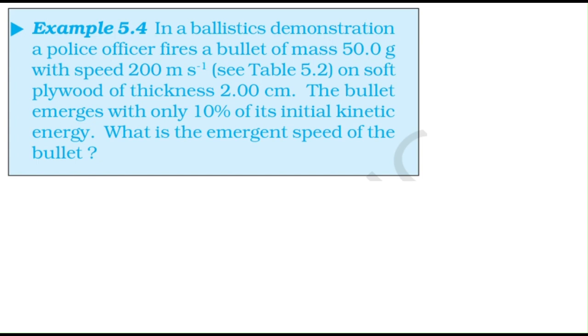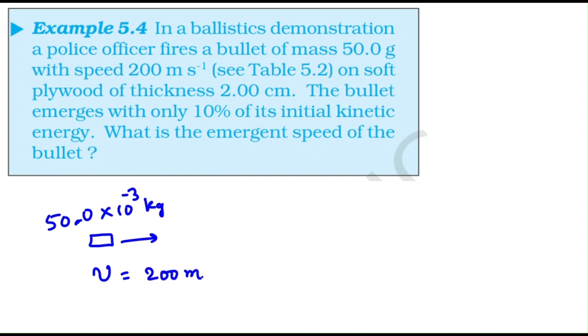What is happening here? In a test, a bullet is fired, and this bullet has a mass of 50 gram. Let's say this is the bullet and it has a mass of 50 into 10 to the power minus 3 kg, and it has an initial velocity of, say, 200 meter per second.